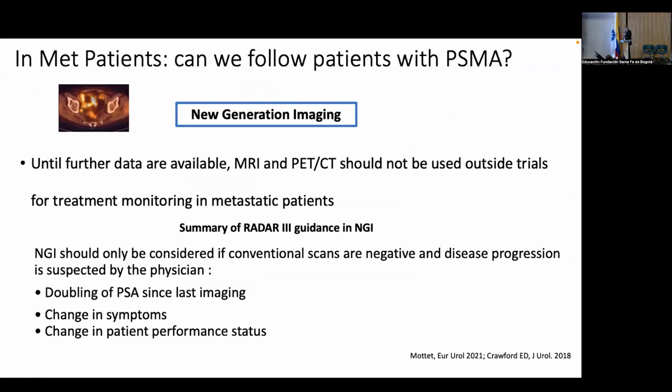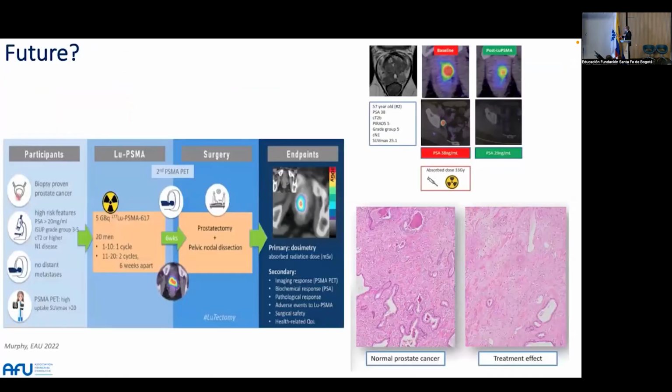So what is the future? Probably, again, we are going to improve the sensitivity and specificity of the detection of PSMA with the CT scan. We are going to have a new generation of this kind of imaging, but probably, again, we'll have a new recommendation in the future.